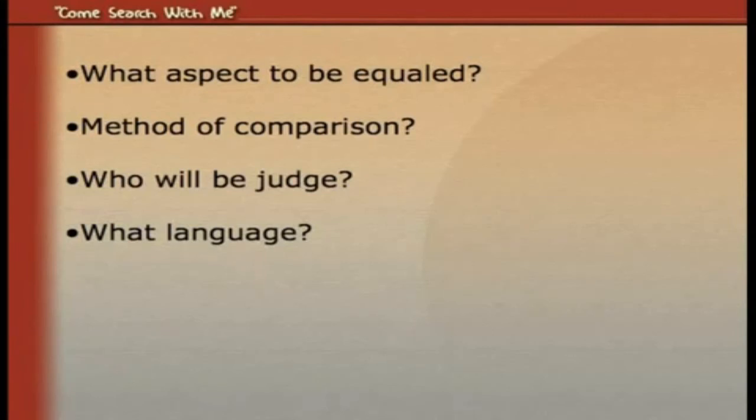Number two, what would be the method of comparison? Some kind of point system, or just a feeling that you have equaled it or not equaled it or surpassed it? There is no way that it gave us a method of comparison. So even if I wanted to do it, how would we come to a conclusion after I have done the test? Number three, who will be the judge that it has been done? Will it be some neutral committee from the United Nations?